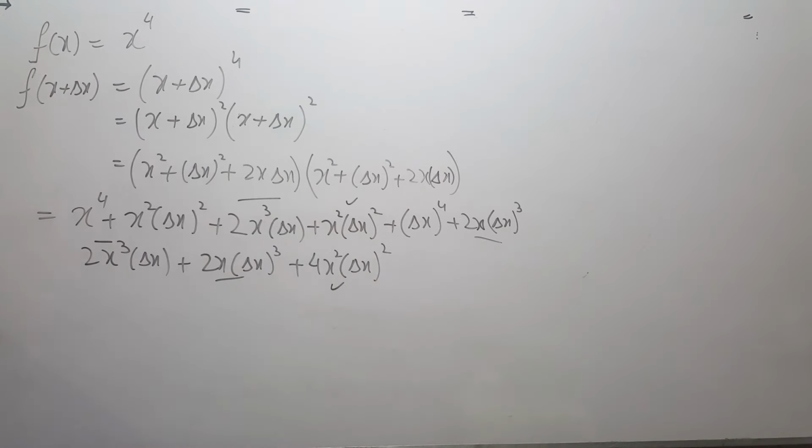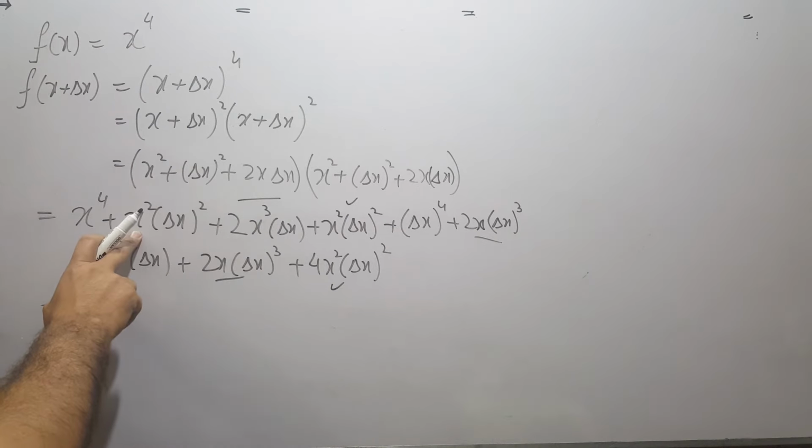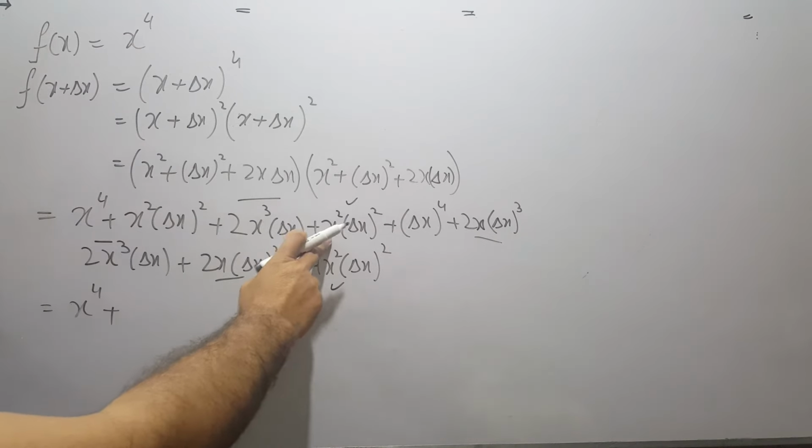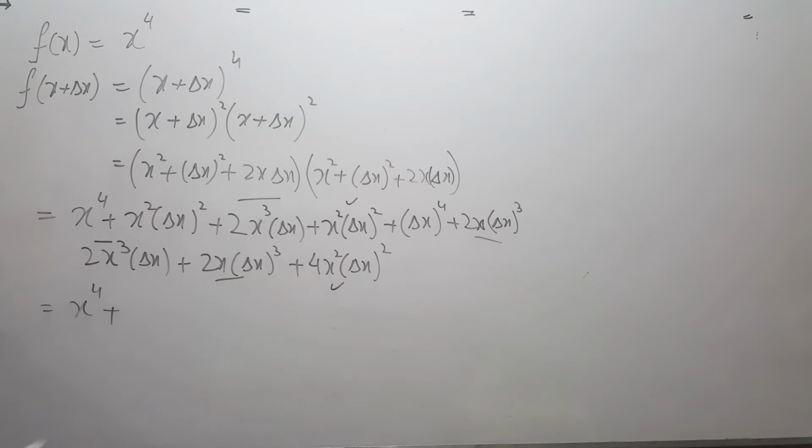So what we get would be x power 4 plus 6x square delta x square.